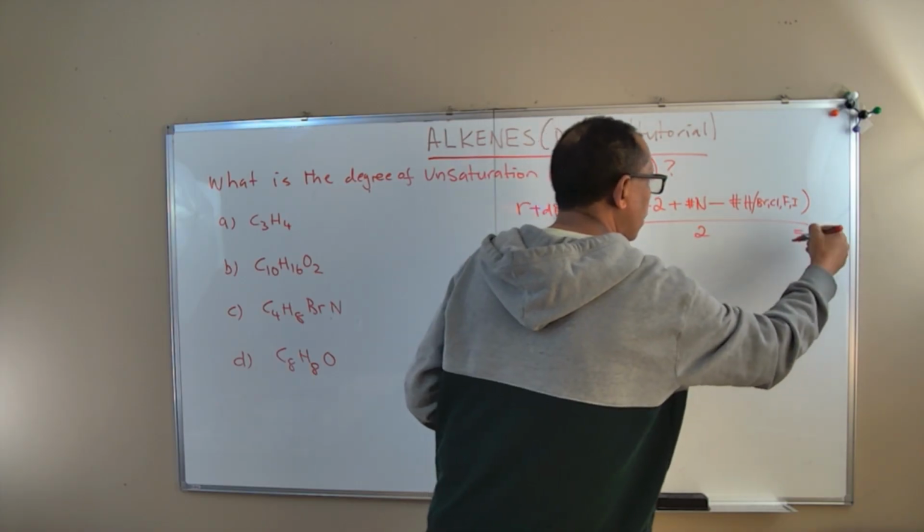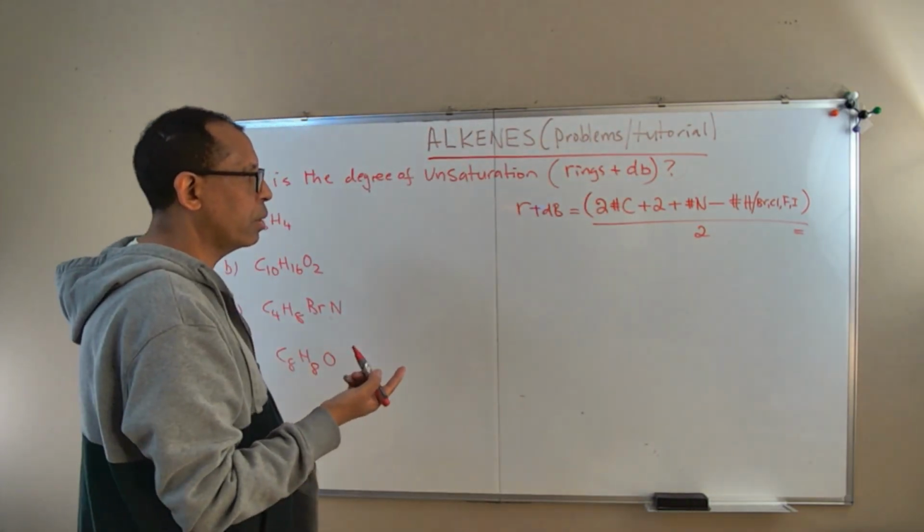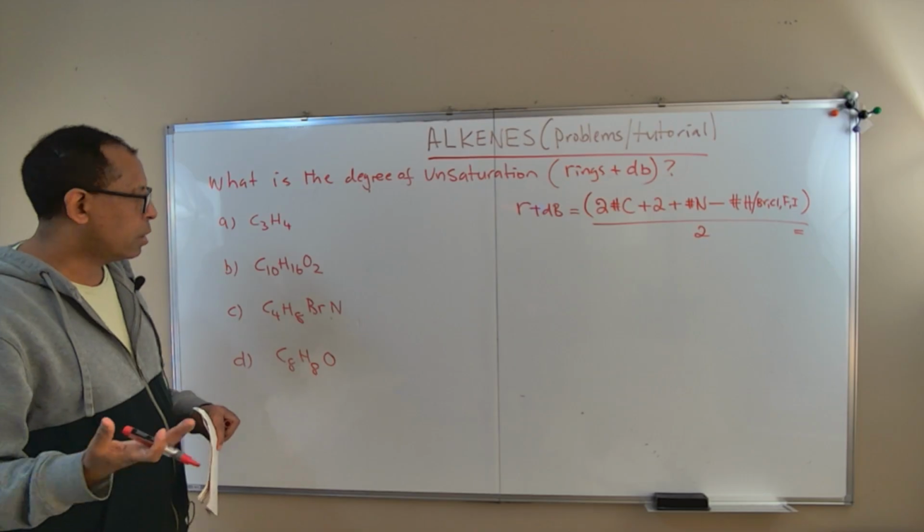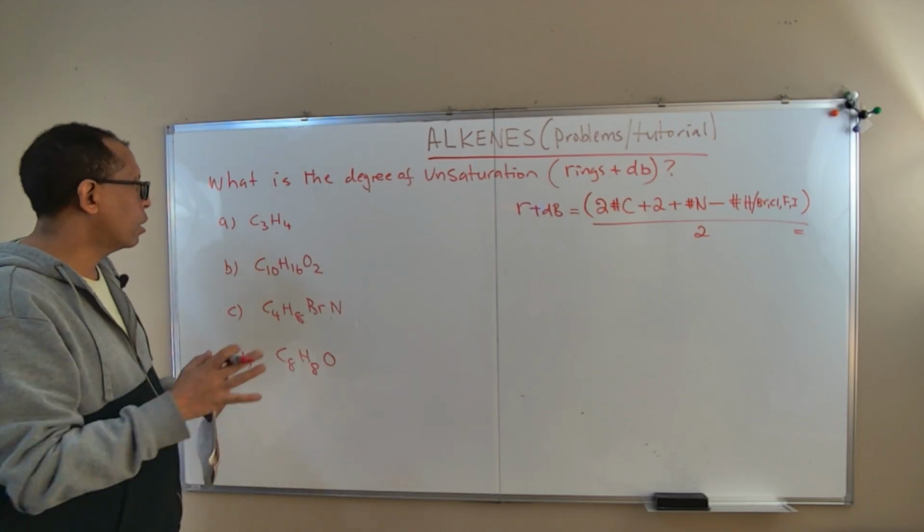That will give you the degree of unsaturation, the number of rings and double bonds that are possible.